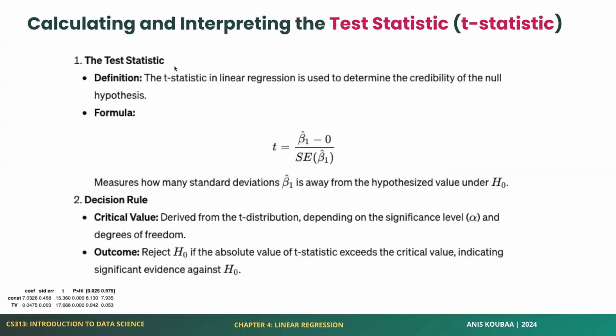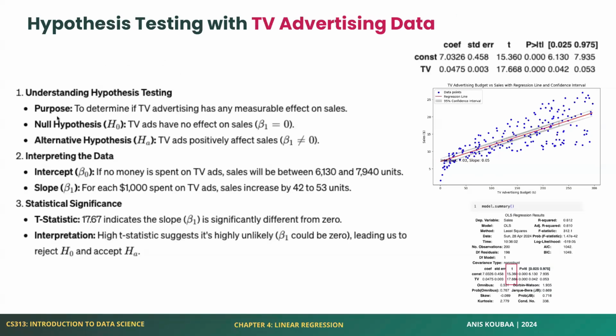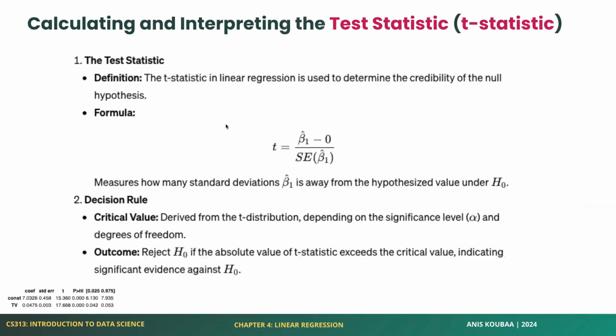So what is T statistics? We call it test statistics, or sometimes T statistics. It is used in linear regression to determine the credibility of the null hypothesis. It means the credibility whether there is no effect between the predictor and the output, or in our case, between the TV and the sales.